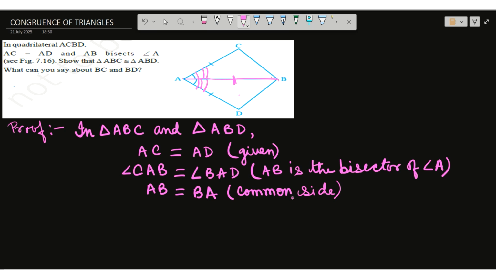Therefore, we can say that triangle ABC is congruent to triangle ABD.